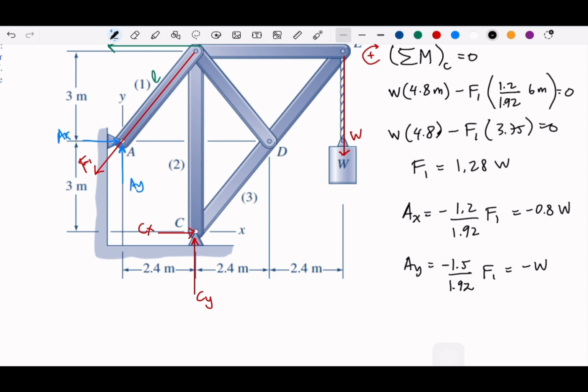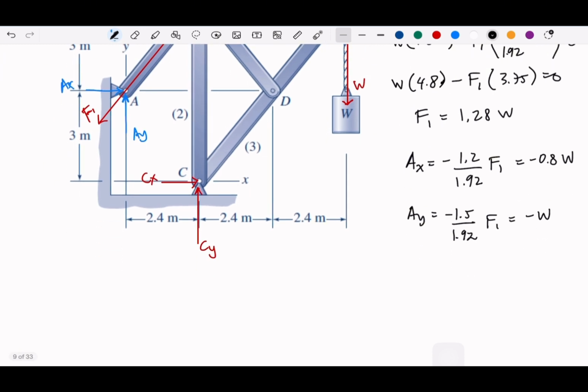And similarly, we can get CX from another equilibrium. So CX plus AX equals 0.